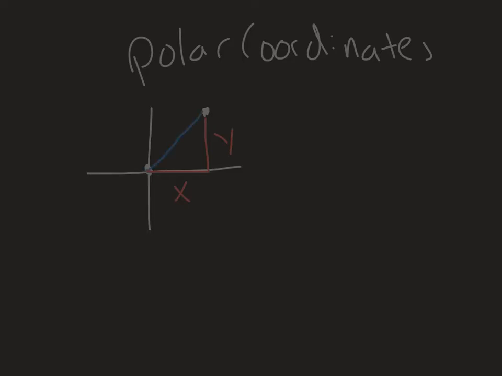Now this is very similar to vectors. We're given a distance and some kind of angle, usually marked as a theta. So polar coordinates are given as how far, r, and at what angle, which direction, theta. Very similar to vectors.